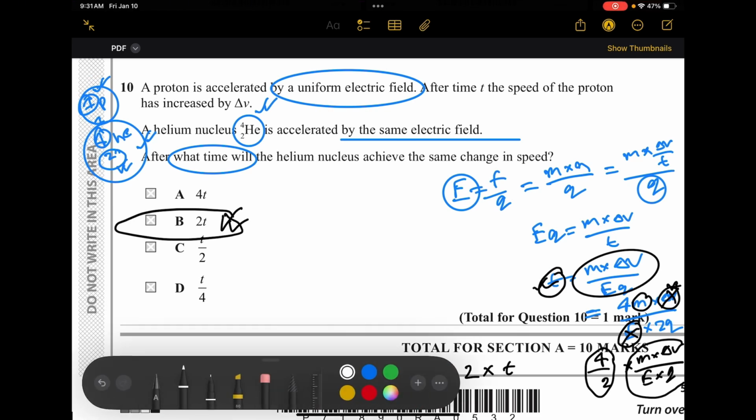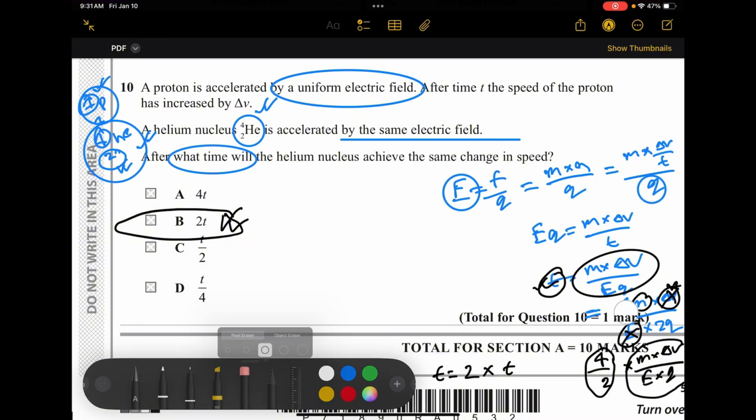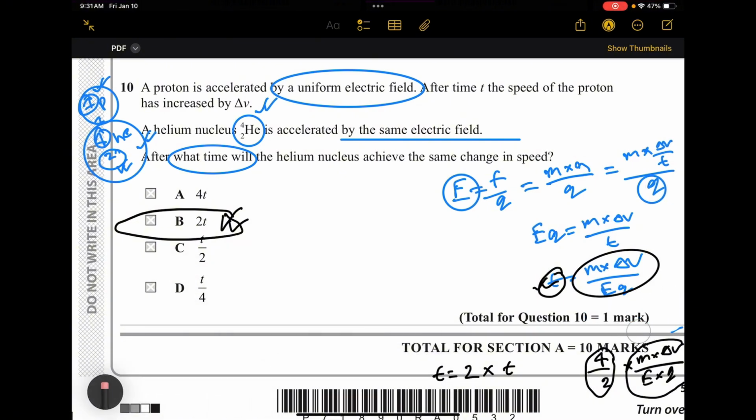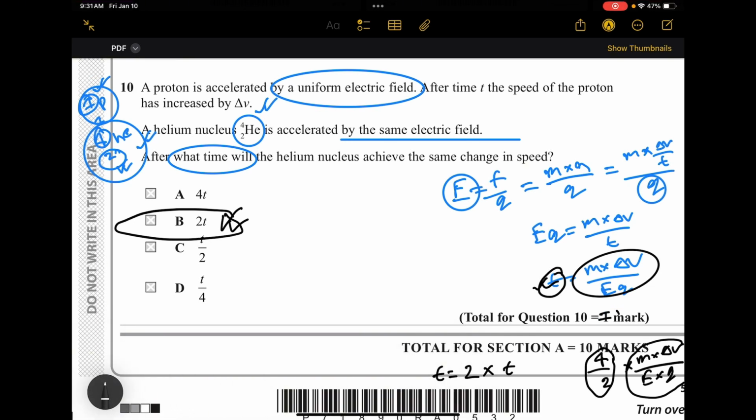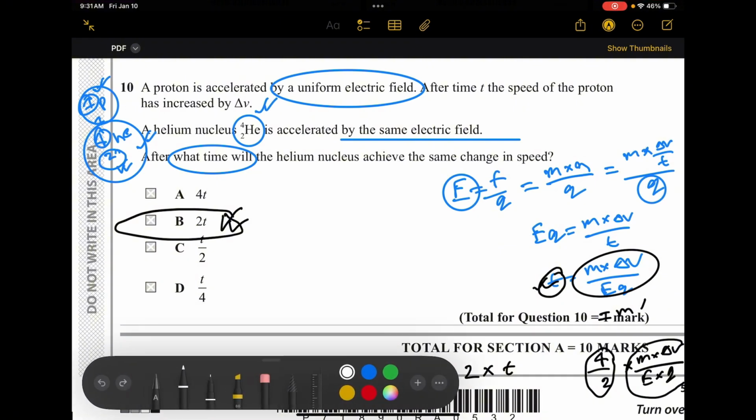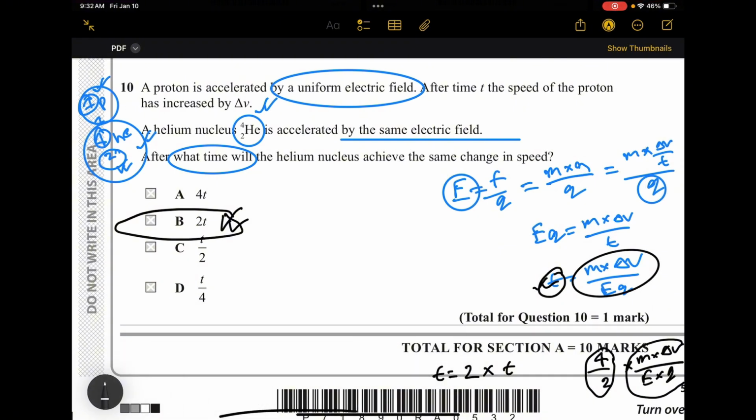Though it was a bit confusing, let me rectify the other parts again. Let me show you this part again. T is equal to m into del V, but here the m will be 4m because it has 4 times greater mass than the proton, into del V divided by E into the charge, which will be 2 times because it has 2 times more protons than this part.